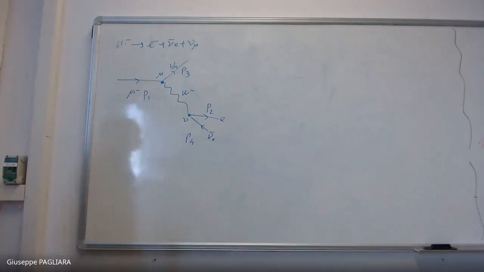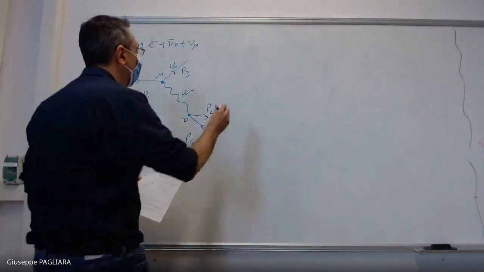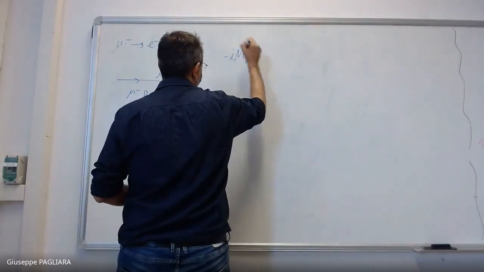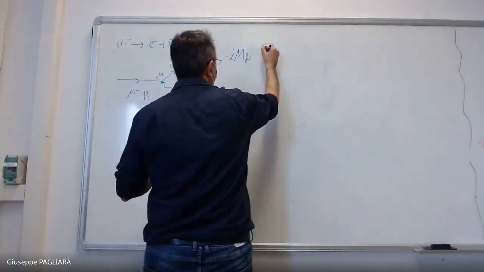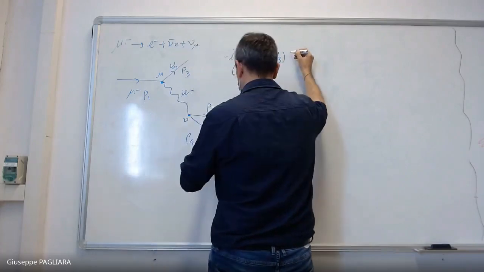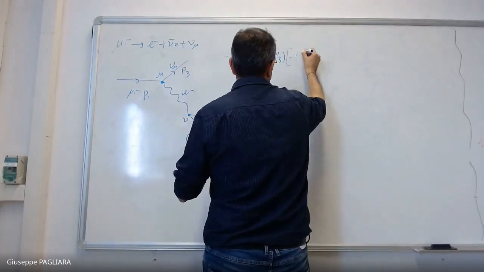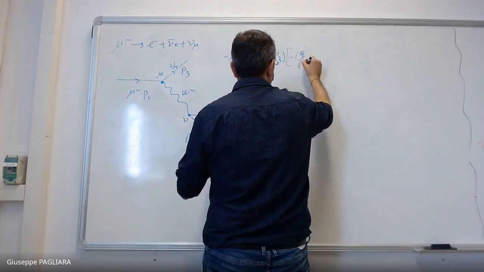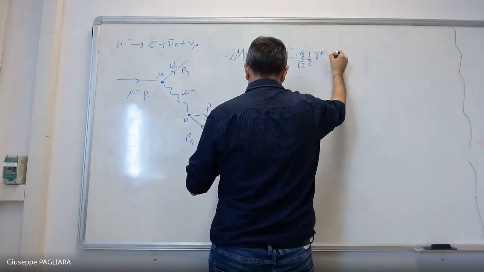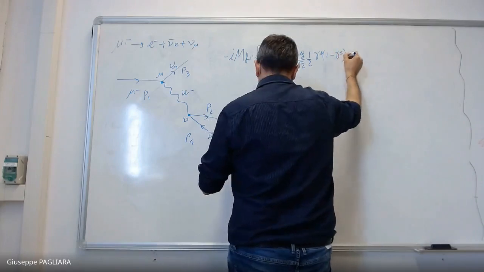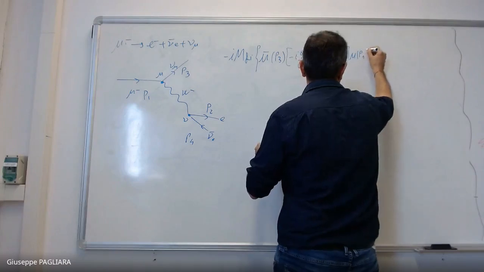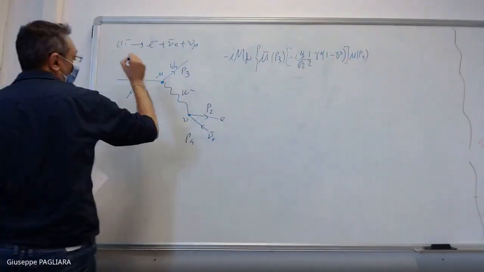We can proceed in the way we know, using the Feynman rules. We first consider the upper vertex. This is u bar P3, then we have the vertex factor minus i g divided by the square root of 2, times 1/2 gamma mu (1 minus gamma 5), then u P1. This is the current of the upper vertex.